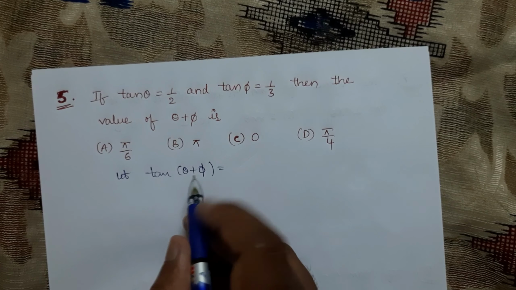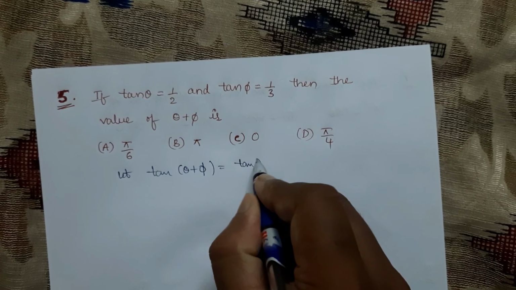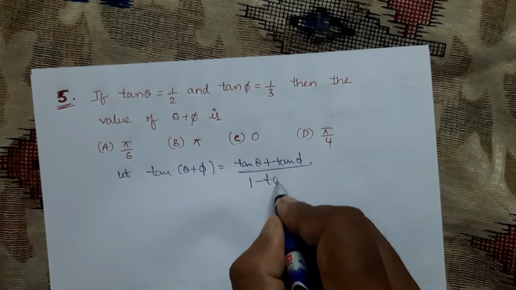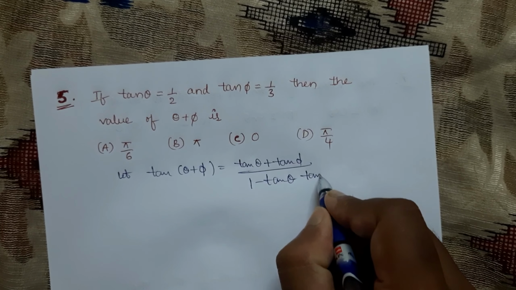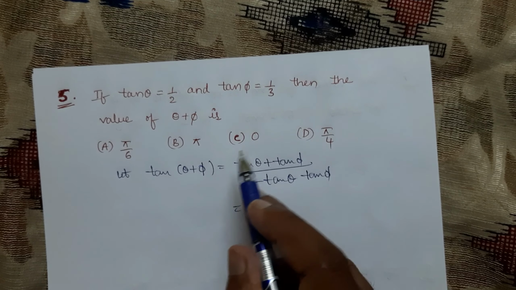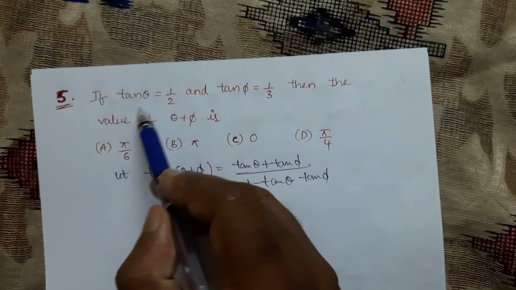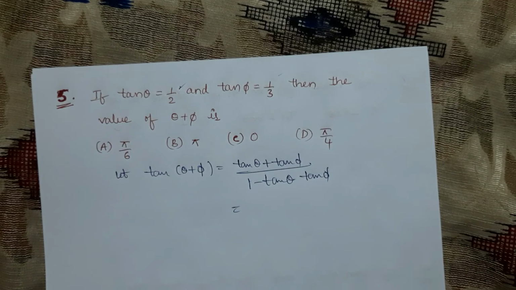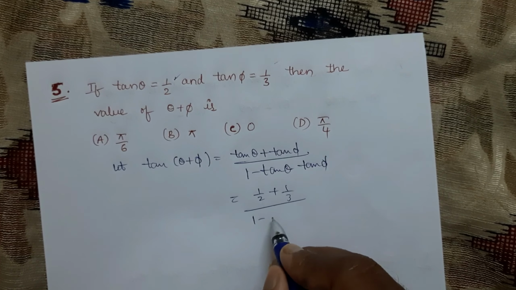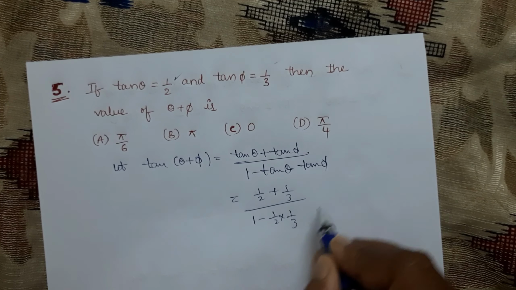We know the formula for tan of theta plus phi: tan theta plus tan phi divided by 1 minus tan theta into tan phi. Now we substitute the values directly, since tan theta and tan phi are given. So 1 by 2 plus 1 by 3 divided by 1 minus 1 by 2 into 1 by 3.